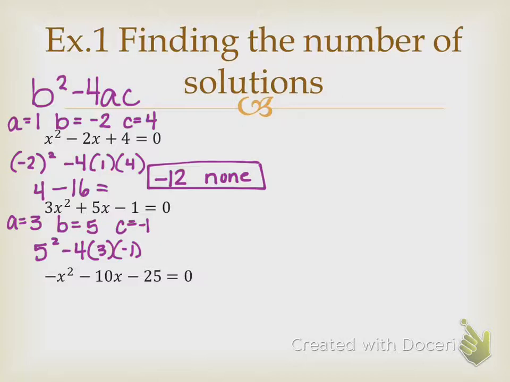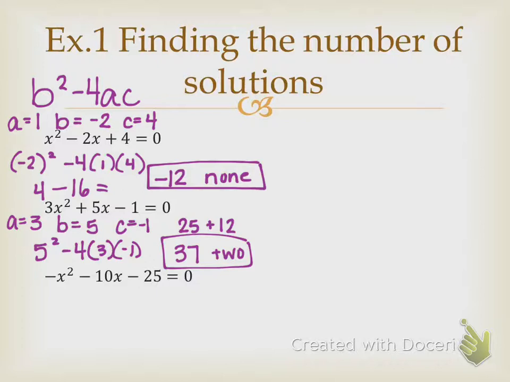Perfect. Okay, 5 squared is what, Megan? 25. Am I going to have an addition or subtraction problem? Addition, because 2 negatives make a positive. 4 times 3 is? Times 1 is? 25 plus 12 is? So how many solutions will I have? 2. Okay.